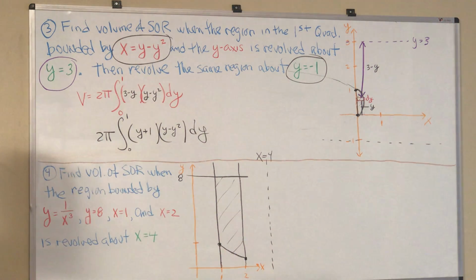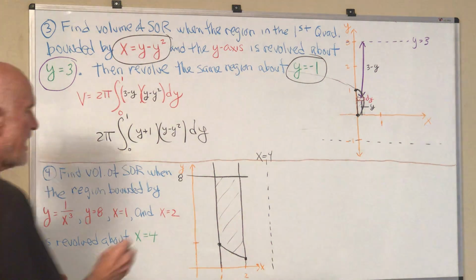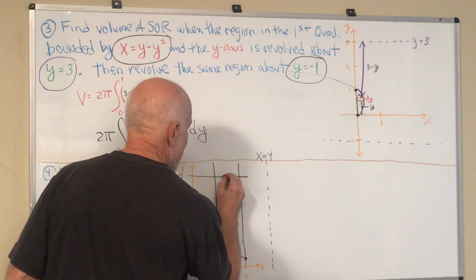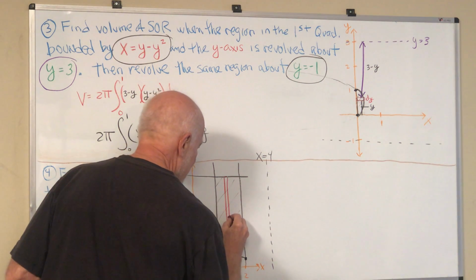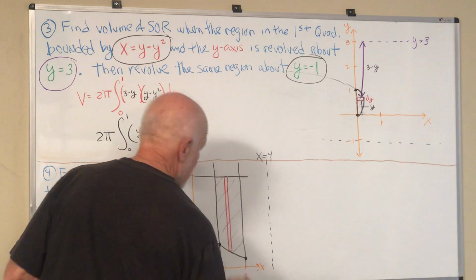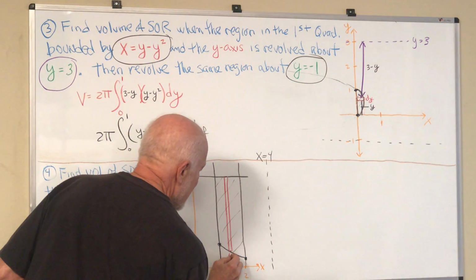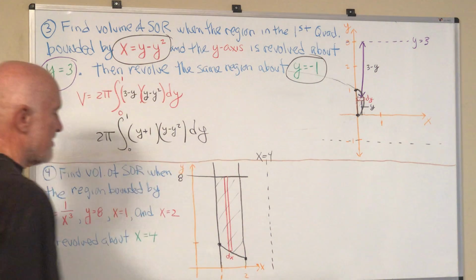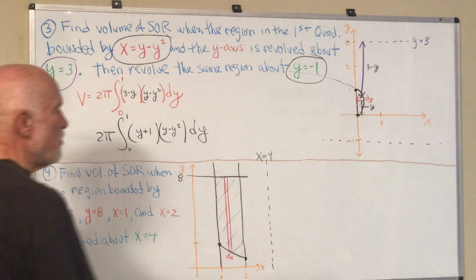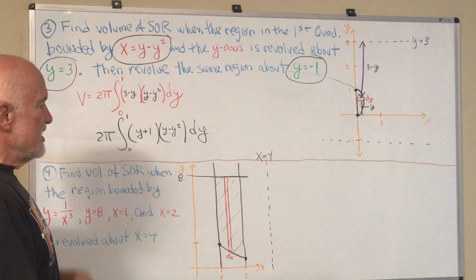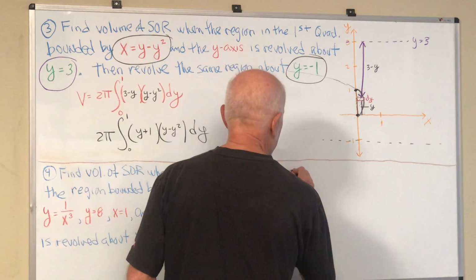So we'd have to do two separate integrals. So this one we do have a choice, but I'm going to prefer to make one rectangle and not have to resolve this in terms of x. So that means this is dx. And right away we can say, since it's parallel to the axis, we're going to do shells.